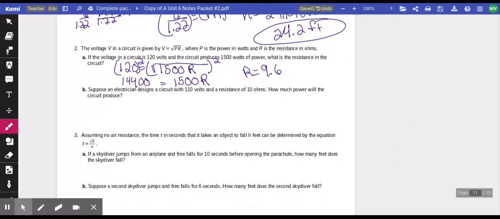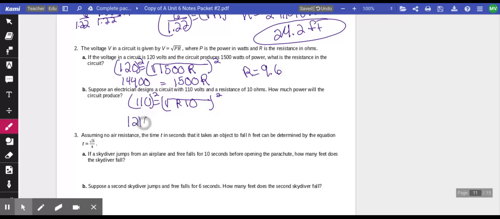B, suppose an electrical design circuit is 110 volts and the resistance is 10 ohms. How much power? So again, here I'm going to replace V with 110, and I'm going to replace R with 10. So it's 110 equals the square root of P times 10. So again, I still need to square both sides.